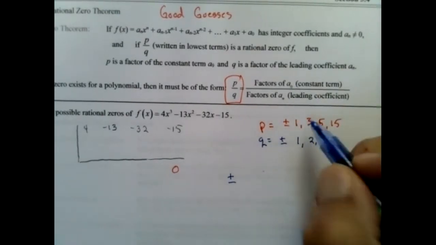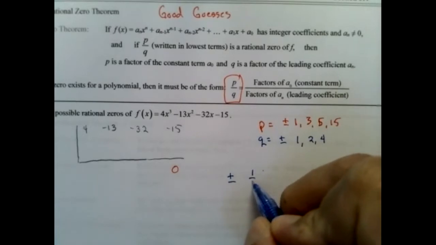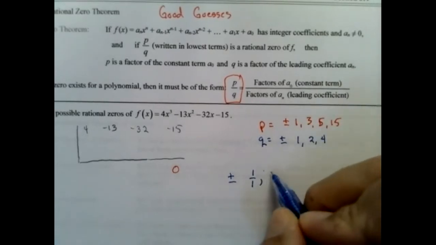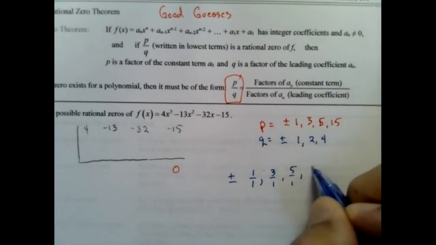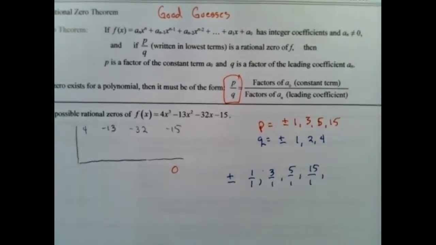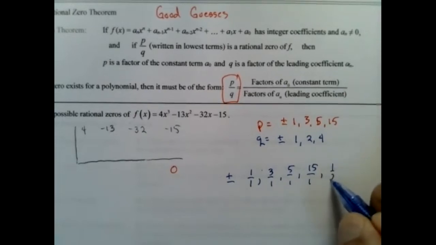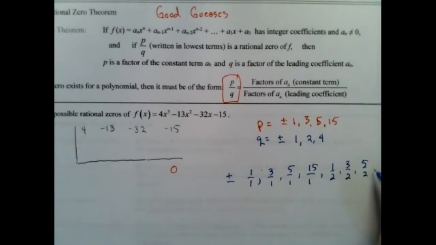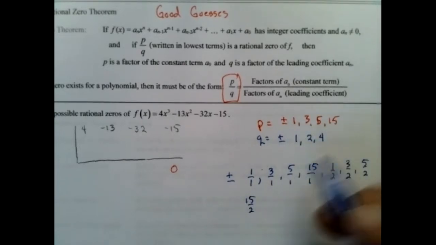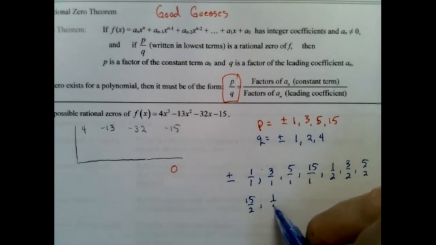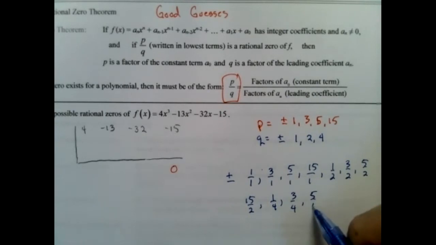So I'm going to have 1 over 1, 3 over 1, 5 over 1, 15 over 1, 1 over 2, 3 over 2, 5 over 2, 15 over 2. Now I'm going to write all these over 4: 1 over 4, 3 over 4, 5 over 4, and 15 over 4.